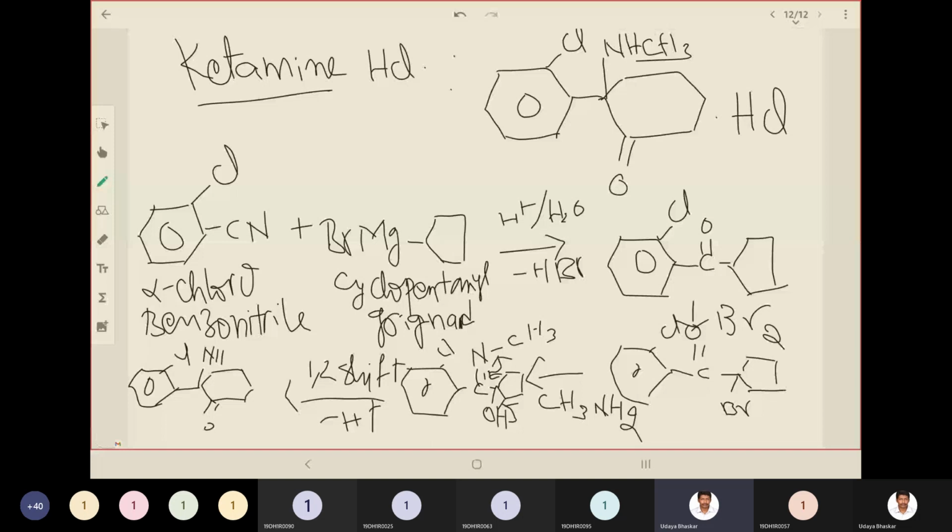Finally the NHCH3 substituent is attached at the required position, which gives us ketamine hydrochloride. Hydrochloride is just a salt. So this is the synthesis of ketamine hydrochloride, and with this we have completed general anesthesia. So that is it for today.